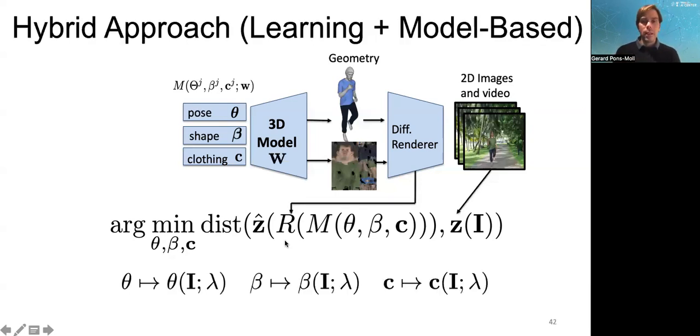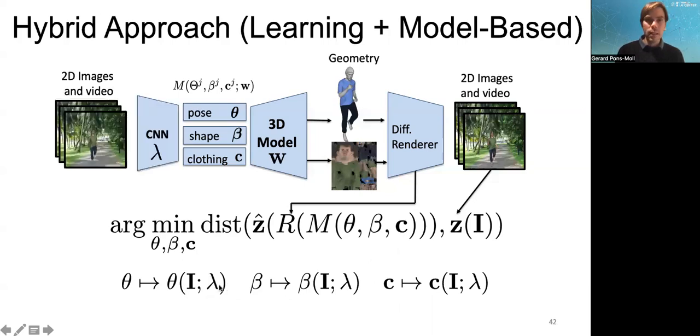And so what we're essentially doing here with these self-supervised methods is parameterizing these latent parameters, theta, shape, and clothing, as a function of the image itself and the neural network parameters. That's what we are doing here, because we are going from the image, getting the latent parameters, and then projecting them back, closing the loop.